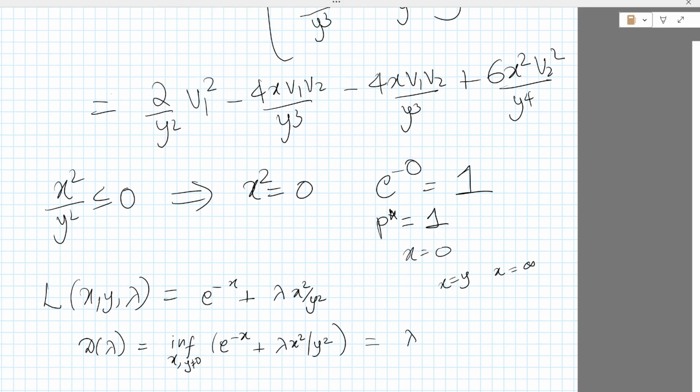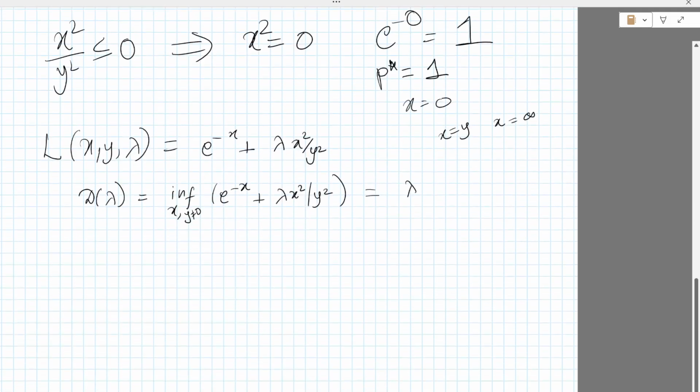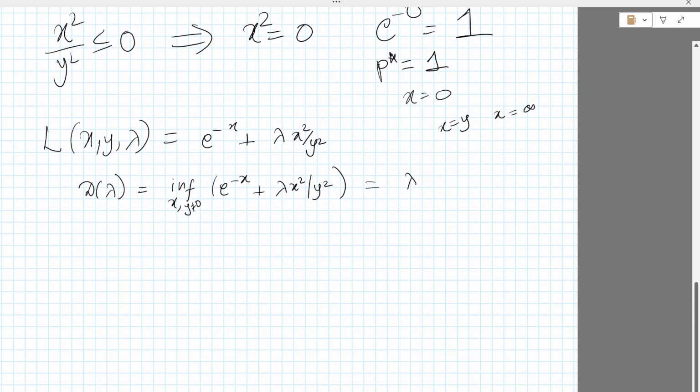That is what we need to check, whether p star is equal to d star or not. So let me take the case when lambda is greater than or equal to 0.